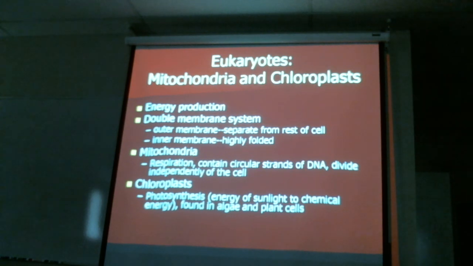Theoretically, a prokaryotic cell lived with a eukaryotic cell and then became its energy producer. So as far as what resembles a prokaryotic cell in a eukaryote, that'd be the mitochondria. The mitochondria is the place for cellular respiration, contains its own DNA, and divides independently of the cell. So it's got a little bit of self-sufficiency there.